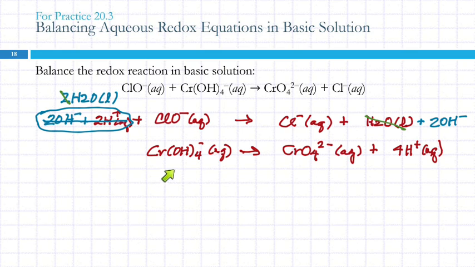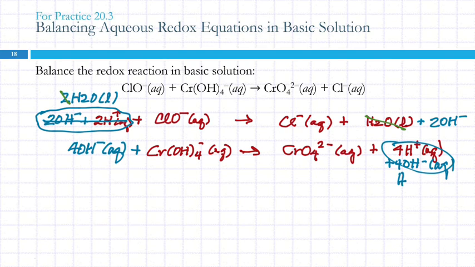So down here, I have 4 hydrogen ions, and so I need to put 4 hydroxide ions. And I need to do the same thing on the other side. These become 4 H2O.